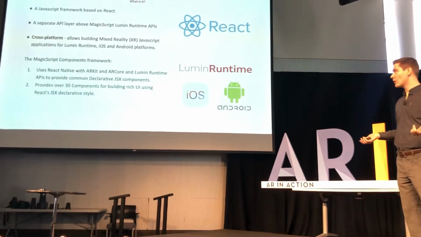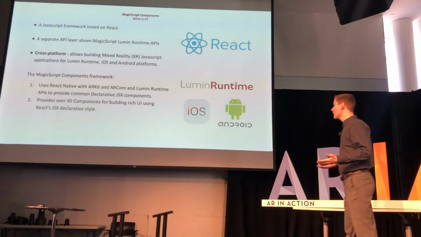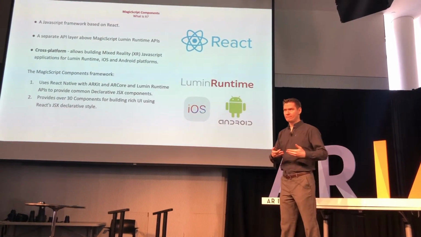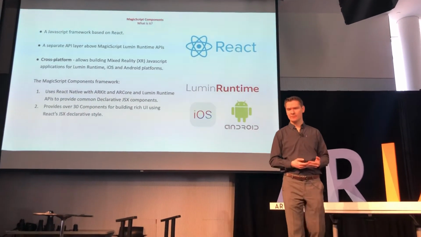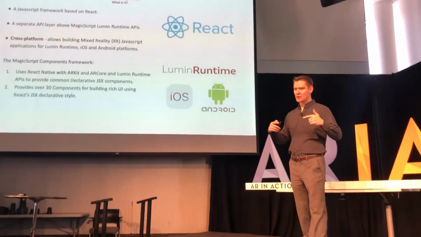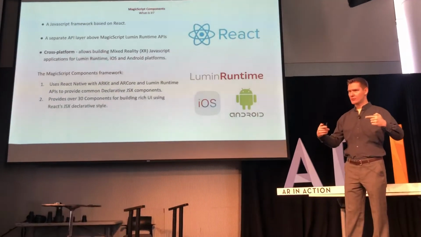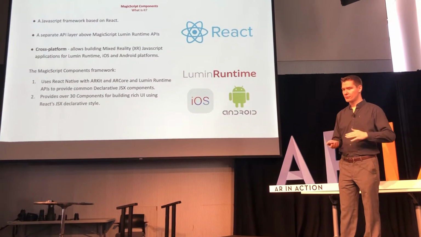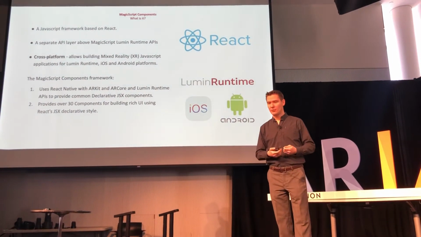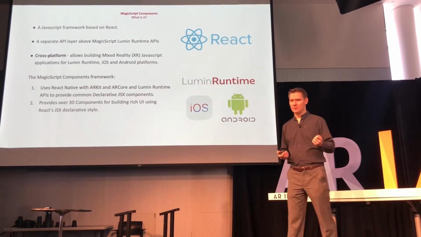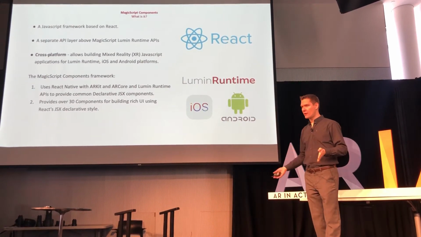So more about the framework. This is a React-based framework that has the declarative syntax that React developers are familiar with. We built the abstraction layer on top of the JavaScript Lumen Runtime APIs for supporting the Lumen Runtime backend. And we made use of React Native to plug in directly to ARKit and ARCore.